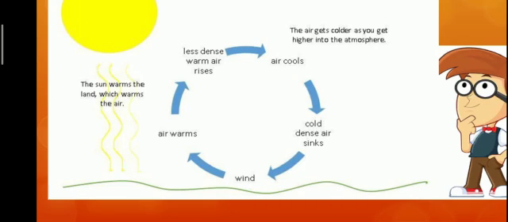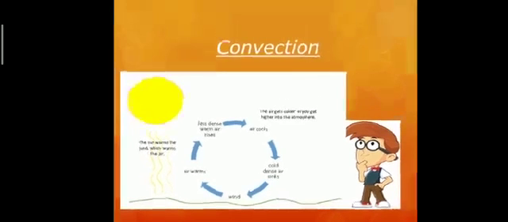They will move towards the upper level. At the same time, the colder air from the atmosphere will sink, and those particles will get the heat energy and they will rise up, and the cycle continues. This process of heat transfer was convection.